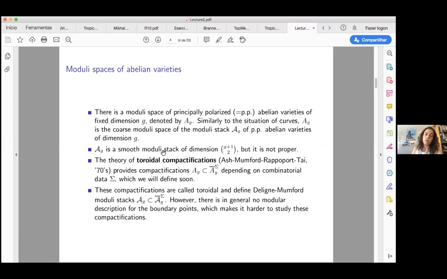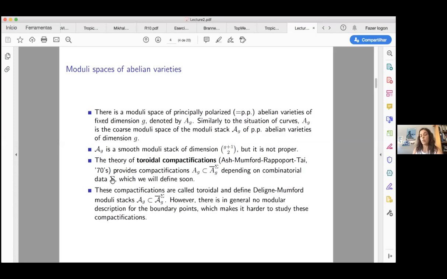There is a theory of toroidal compactifications due to Ash, Mumford, Rapoport, and Tai in the 70s, with the aim of providing compactifications of this moduli space. In order to provide compactifications, we have to choose combinatorial data Σ, which is going to be defined soon. So there is not one single compactification of A_g that we will consider.